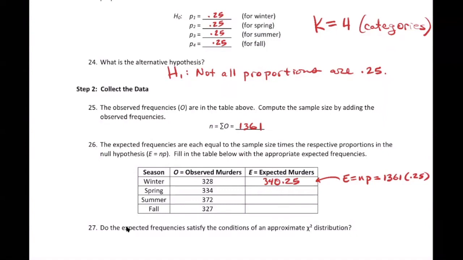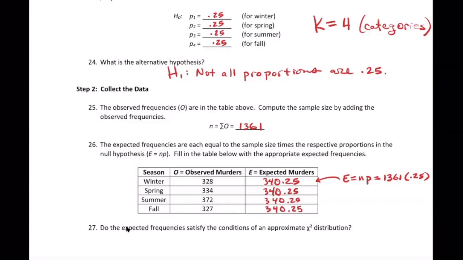And then they're all going to be 340.25. And if you add those up, they add up to the 1361. Okay, both rows of numbers, the observed and the expected, should add up to your total number of murders.